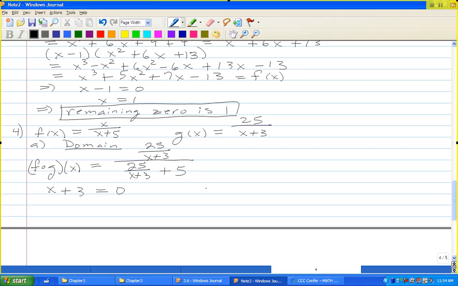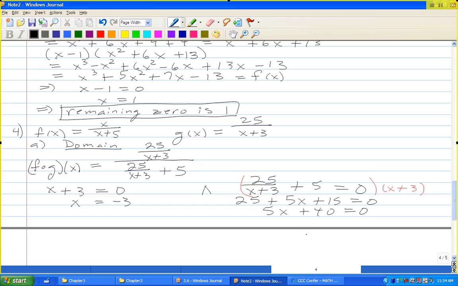And I must have that 25 over x plus 3 plus 5 cannot equal 0 either. Multiplying both sides of your equation by x plus 3, you get 25 plus 5x plus 15 is 0. You get 5x plus 40 is 0, so you get x equal negative 8.